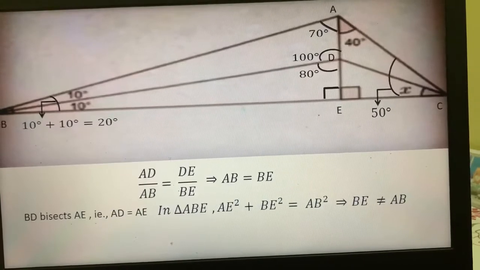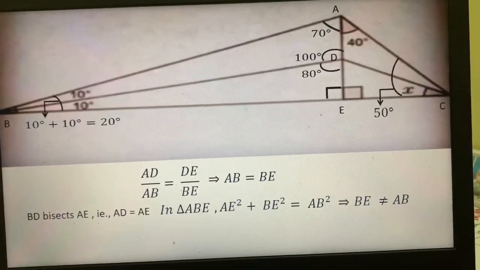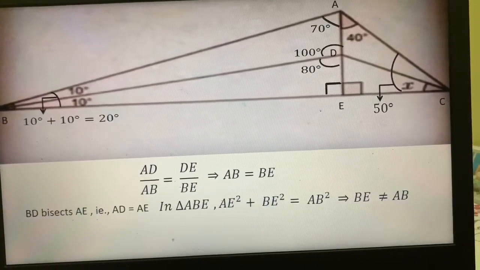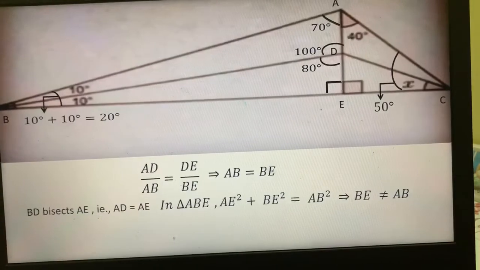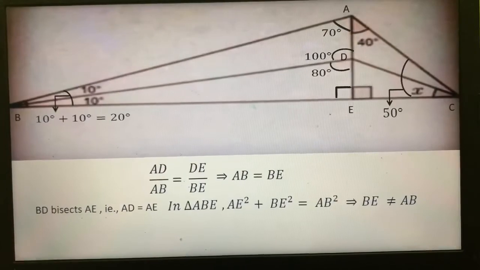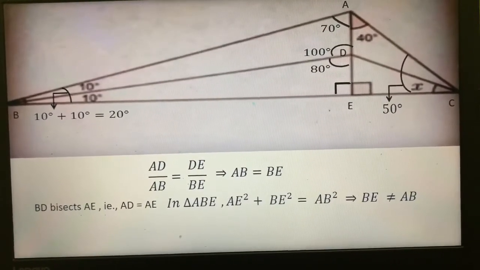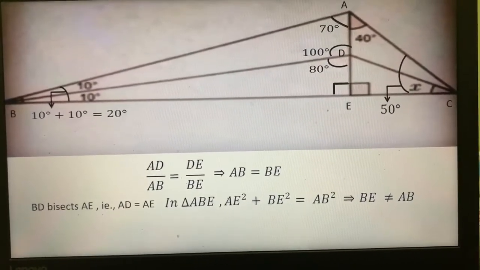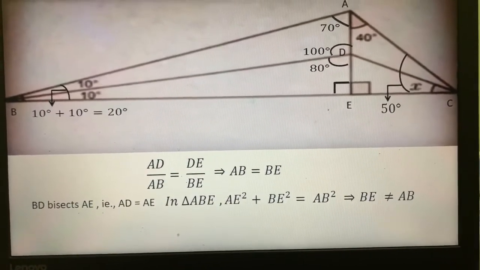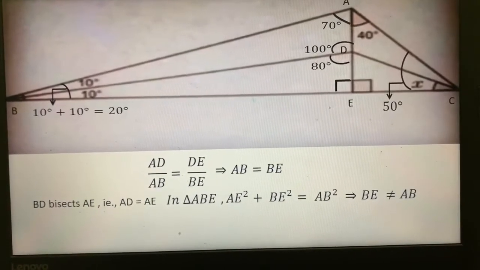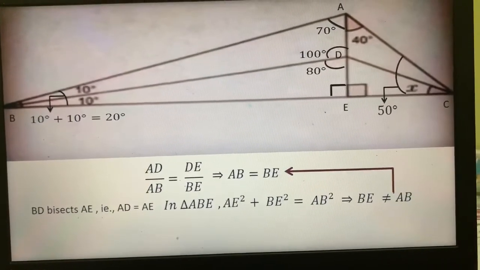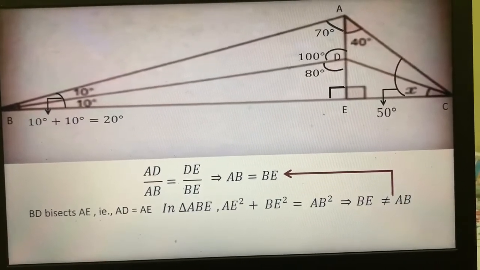If BD is the bisector of angle ABE, then AD by AB of triangle ABD equals DE by BE of triangle DBE. If, according to some assumption, BD bisects AE and AD equals DE, then clearly from this relation we get AB equals BE, which is the contradiction.